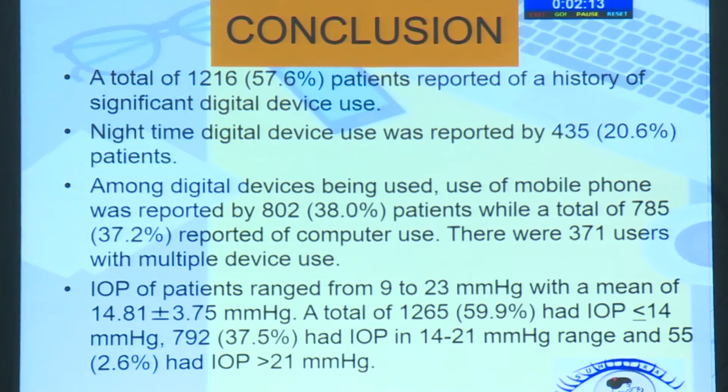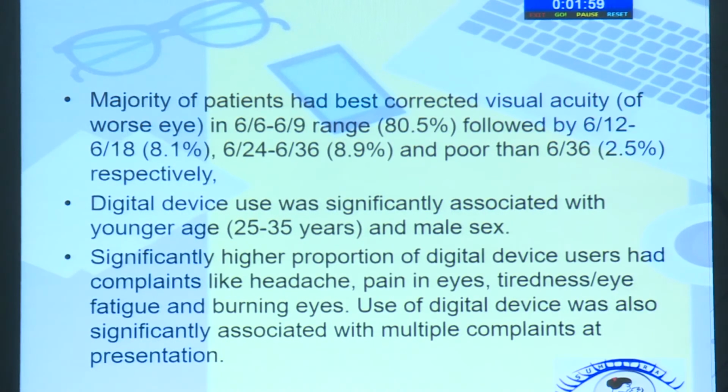Night time use was also reported by 21% of patients, and among these devices, mobile phone use was reported in 38%, and the rest were computer and combined use. The majority of patients had best corrected visual acuity in the 6/6 or 6/9 range, followed by 6/12 to 6/18.